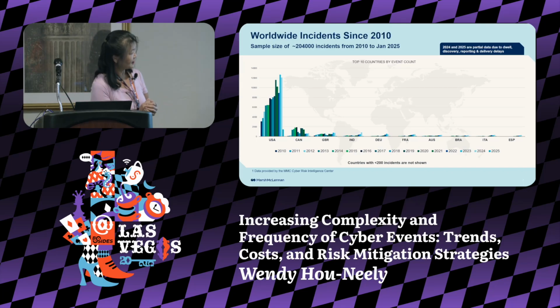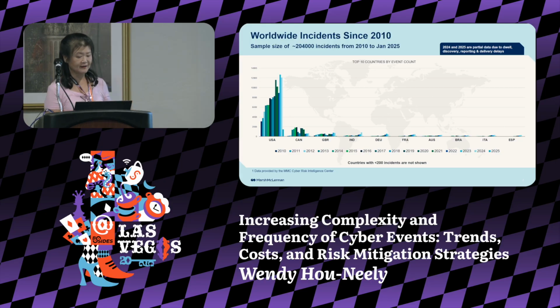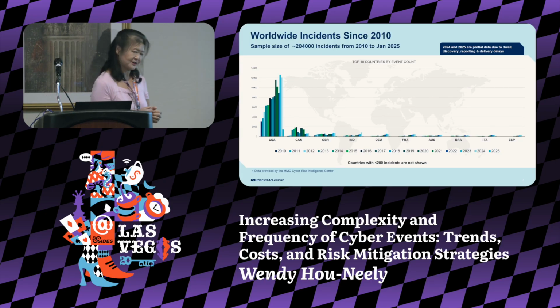Before I say anything about this one, this is by country. This is the top 10 countries, and there's definitely data bias on this one. So there's definitely more events in the US. It depends on the reporting requirements. You can see the US ranked pretty much number 1, and then Canada, Great Britain, and so forth.